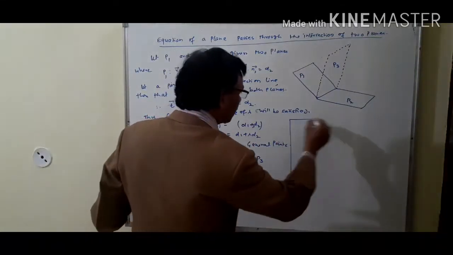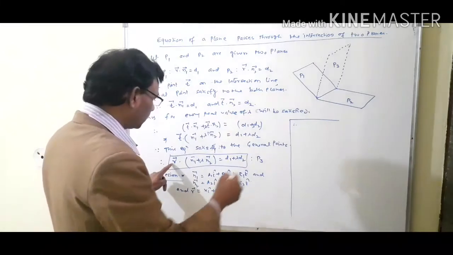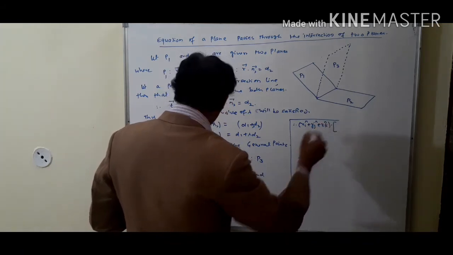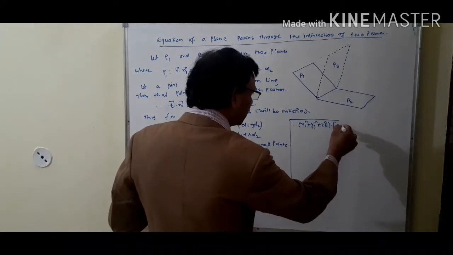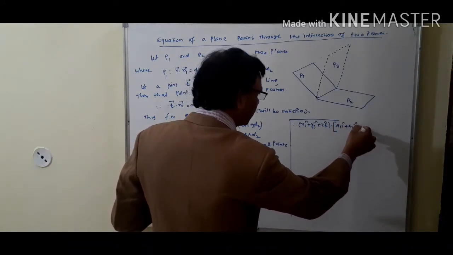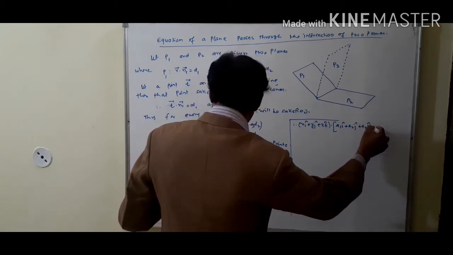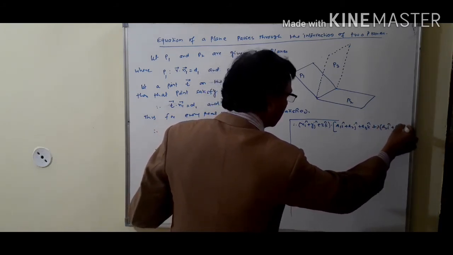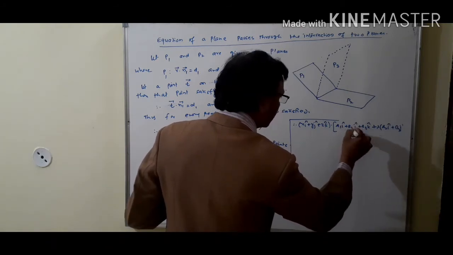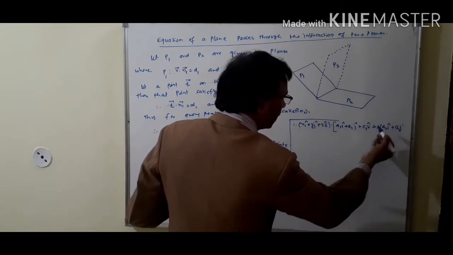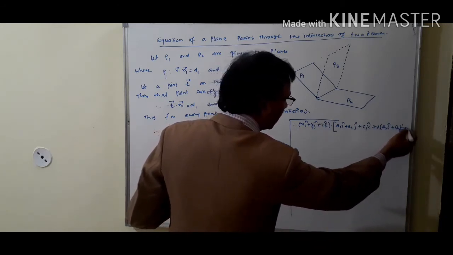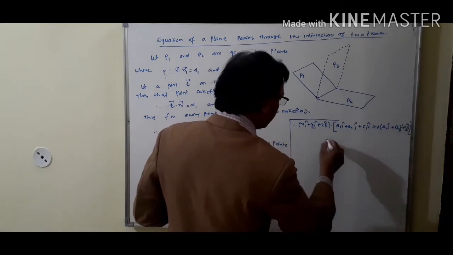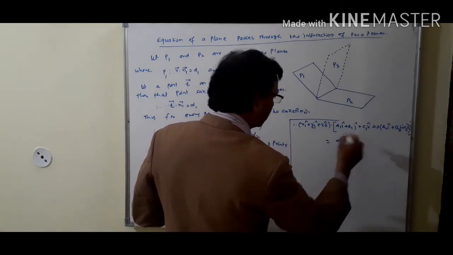Therefore, we can express this as r dot (n1 plus lambda n2), that means (x i cap plus y j cap plus z k cap) dot [(a1 i cap plus b1 j cap plus c1 k cap) plus lambda (a2 i cap plus b2 j cap plus c2 k cap)] is equal to d1 plus lambda d2.